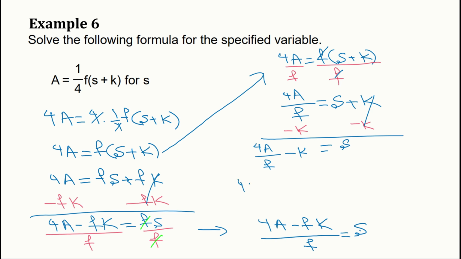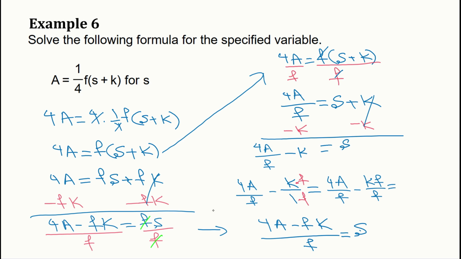So let's see if we can make this expression here, 4a over f minus k, look like this one. So let me start with 4a over f minus k. I'm going to write it as k over 1 because I want to combine these two fractions. So my common denominator is f, which means I need to multiply the top and bottom of the second fraction by f. So now we have 4a over f minus kf over f.